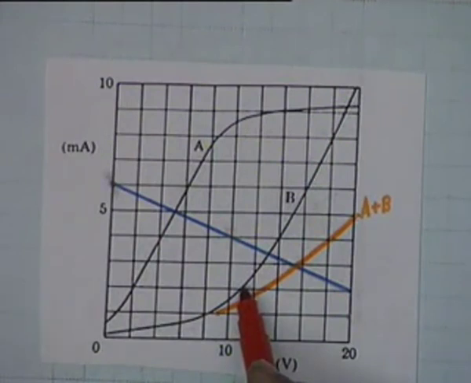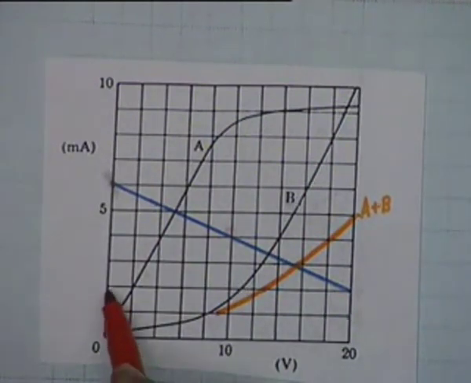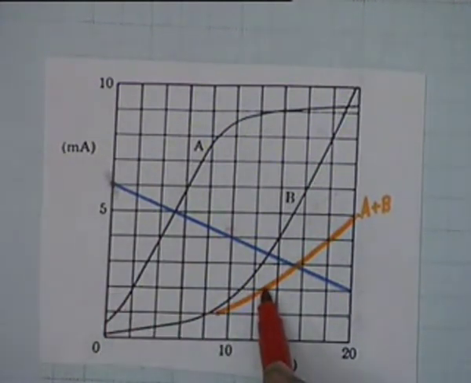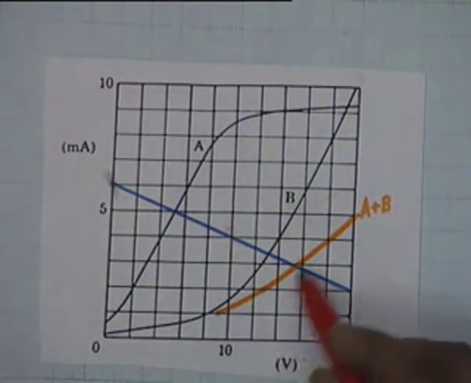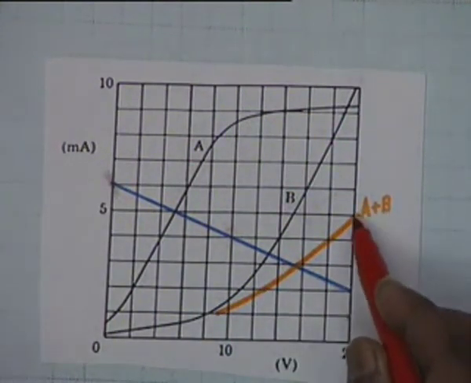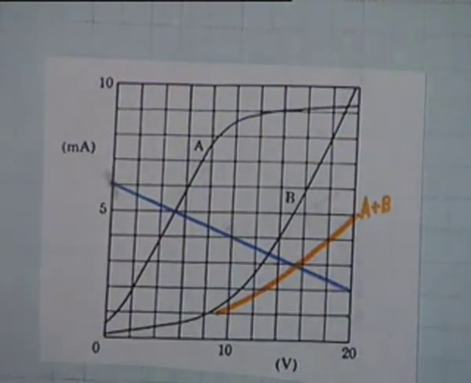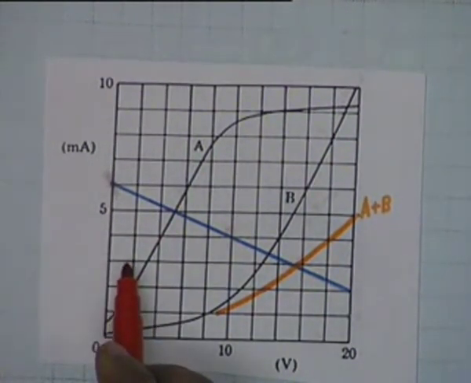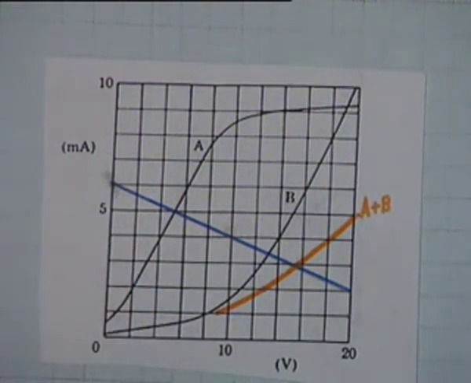So 11 plus 2 is 13, and this is what I plot here, 13. This orange curve gives the characteristic of the composite device. That is, I fix 1 milliampere, 2 milliampere, 3 and so on. At each value of current I read VA and I read VB, then I add VA and VB. So this is the characteristic.